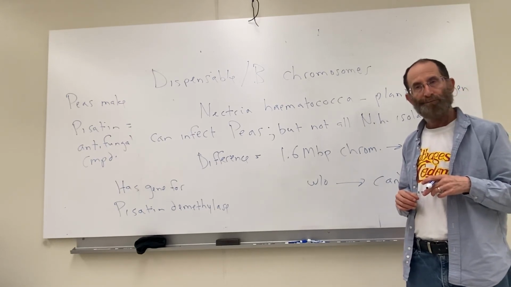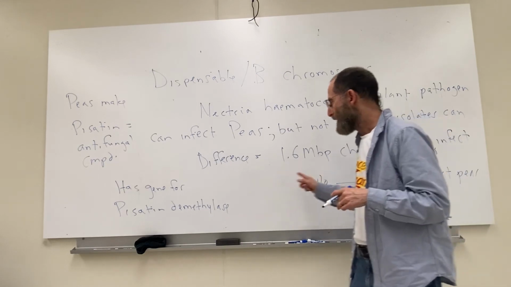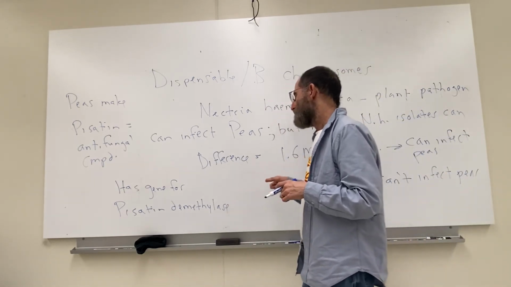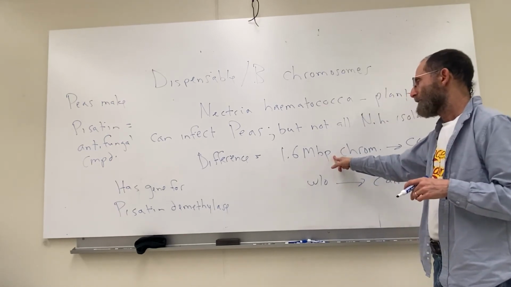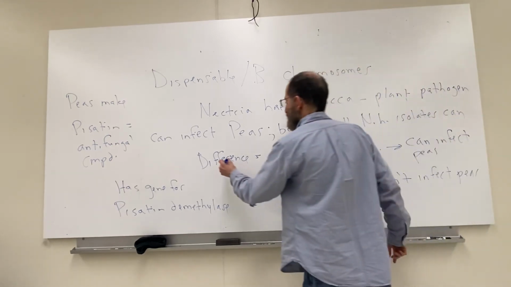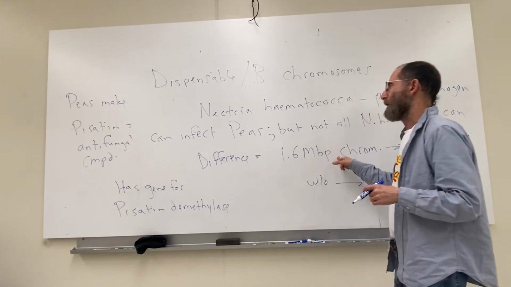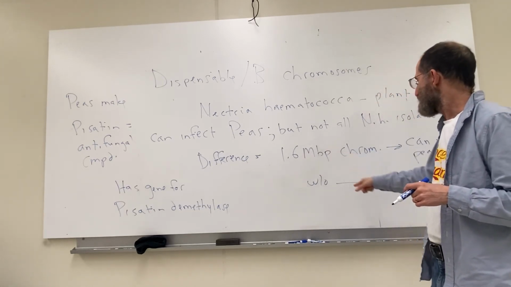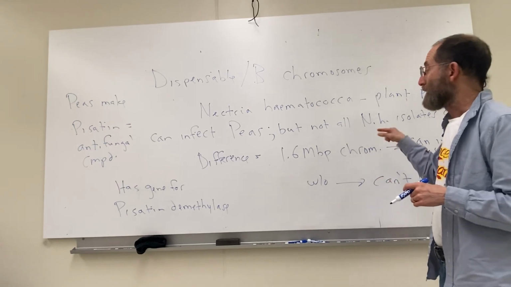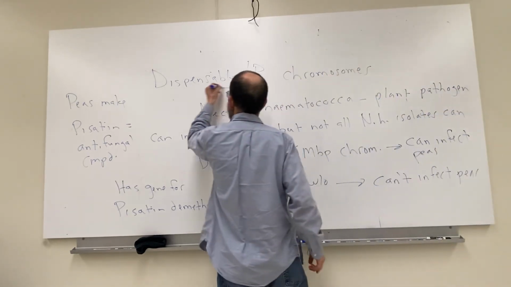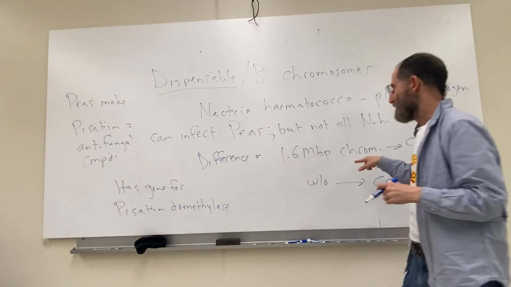Okay. Now, this chromosome, you don't have to have it. The only reason you need it if you are a Nectria hematococca is if you want to infect pea plants. So this is an example of a dispensable chromosome. You can get rid of it.